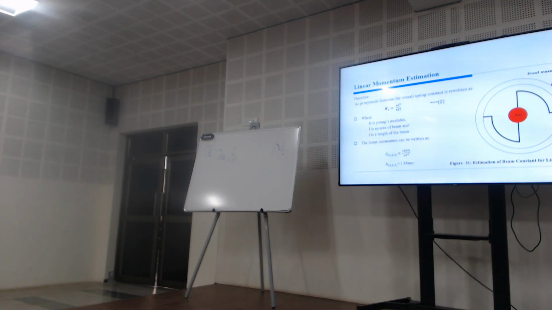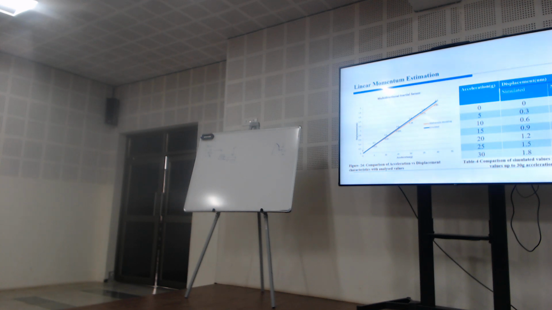That is for the displacement, the mathematical one. For that structure I applied a maximum of 30 G gravitational force. For 30 G mathematically I am getting 1.88 micrometers. After simulation, I am getting 1.8 micrometers.